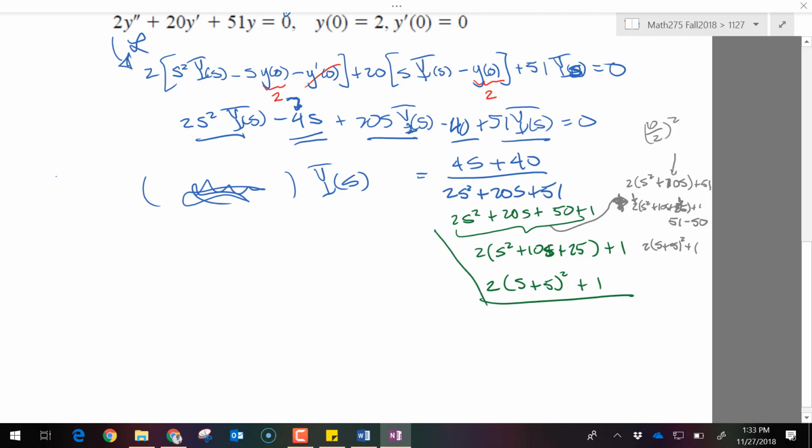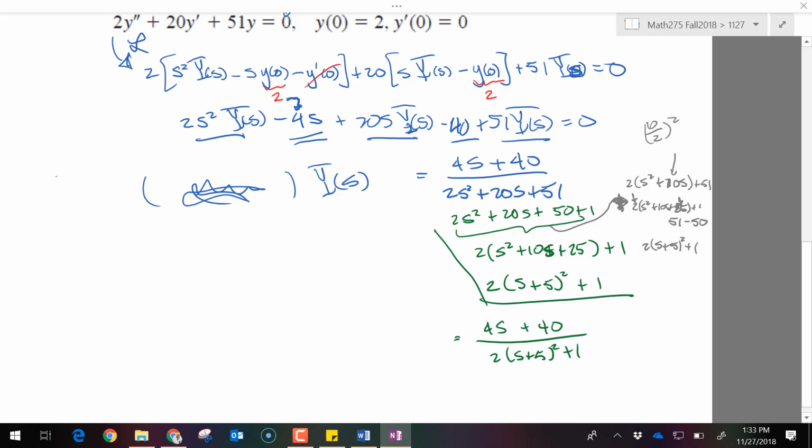Okay, so now we have 4s plus 40. I probably want to split this up since my Laplace transforms only don't have linear terms on top. But I also need to know what's below here: 2s plus 5 quantity squared plus 1. So I have a 2s plus 5, and then I have this extra s sitting out here.